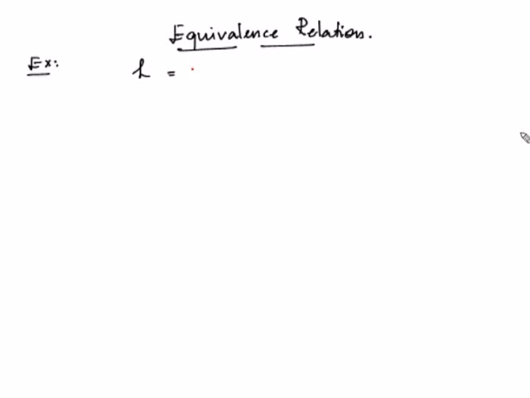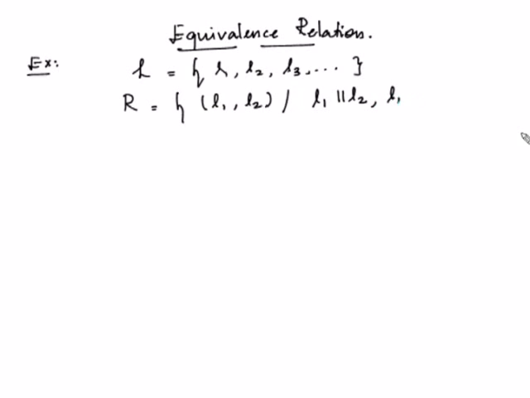Consider the set of all lines L, such that we have L1, L2, L3, etc. We define a relation R on L with L1 related to L2 under the condition that L1 is parallel to L2, with L1, L2 belonging to capital L.